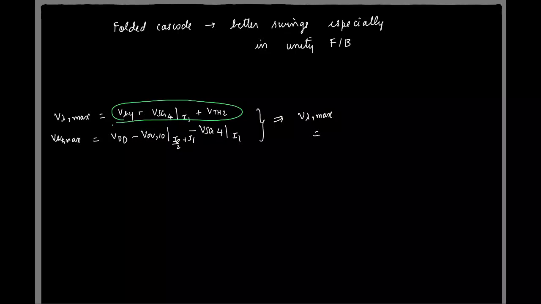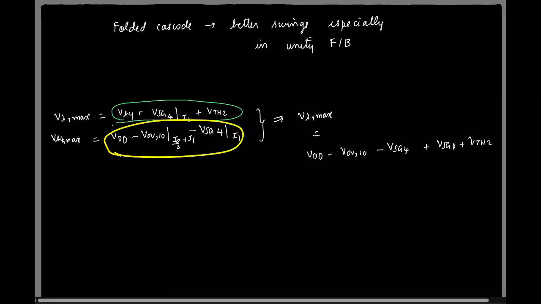So I'll substitute for VB4 first. It's VDD minus overdrive of M10. I'll not write the currents for simplicity. Minus VSG4, this is VB4. And then I have plus VSG4. I've just taken the value of VB4 and put it here, because I'm trying to find what is the maximum I can have at the input.